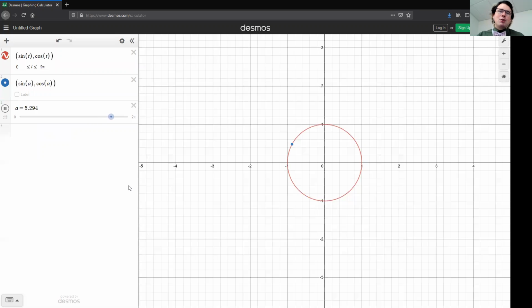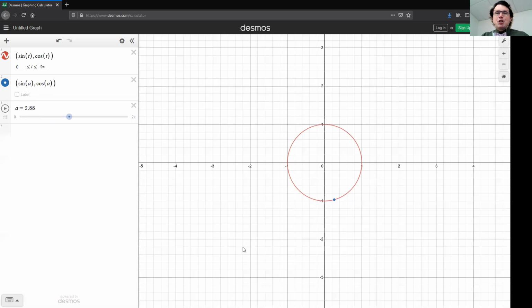What is the radius of my circle? Well, it's radius 1. But how do I know what kind of shape to expect from a parametric equation? How could I change this formula to give me something else? Now, when I'm given this kind of parametric equation, I would like to be able to know the shape that it makes before I go off to have a computer graph it for me.